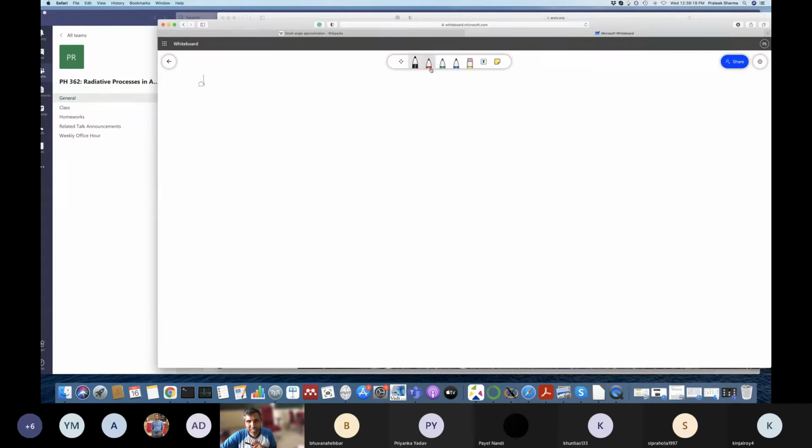Does anyone know how to change the properties of this? Okay, now this is just pan and zoom. No. Okay, I hate it. Okay, anyway, let me use the thin pen, it doesn't matter.